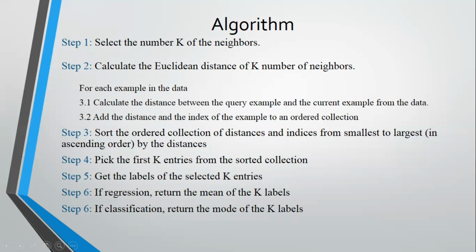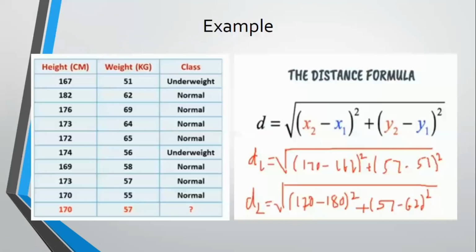That mode is nothing but the majority, the class label that occurs most often in the k entries. That will be the class label for the new data. So these are the algorithm steps we can implement. Now I will take you through an example, and we can see how to implement KNN.